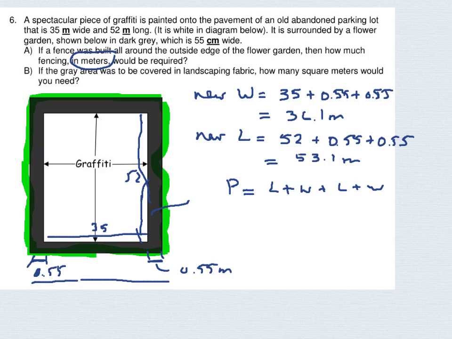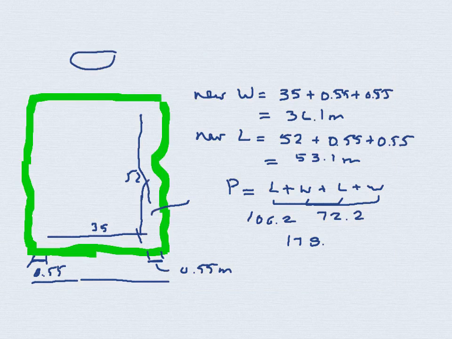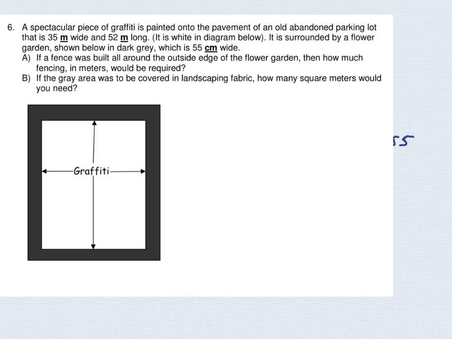You'd have 2 widths, 72.2, and you'd have 2 lengths, 106.2. When you add those together you're going to get 178.4 meters.